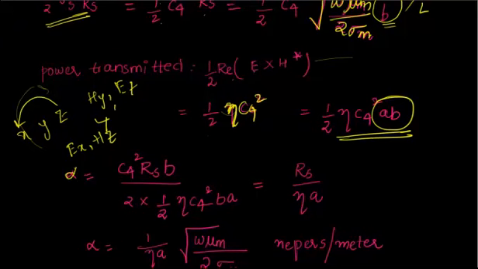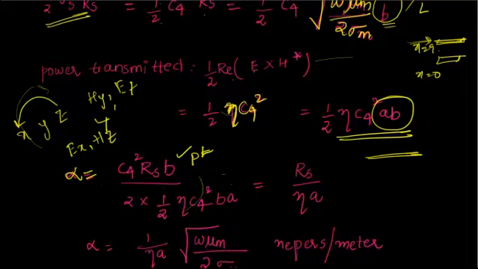Now for attenuation, you write the power loss divided by the power transmitted, because you have two plates and this power loss is only for one plate. You have two plates in a parallel plate waveguide, x equal to 0 and x equal to a. So alpha is equal to the power loss by 2 into half of this part.